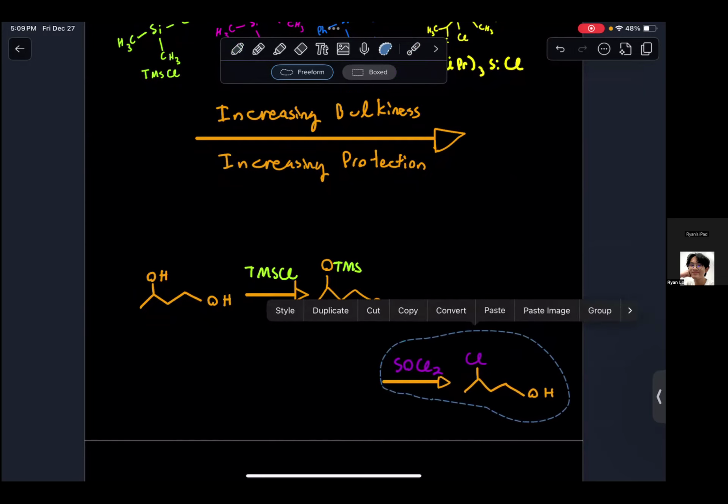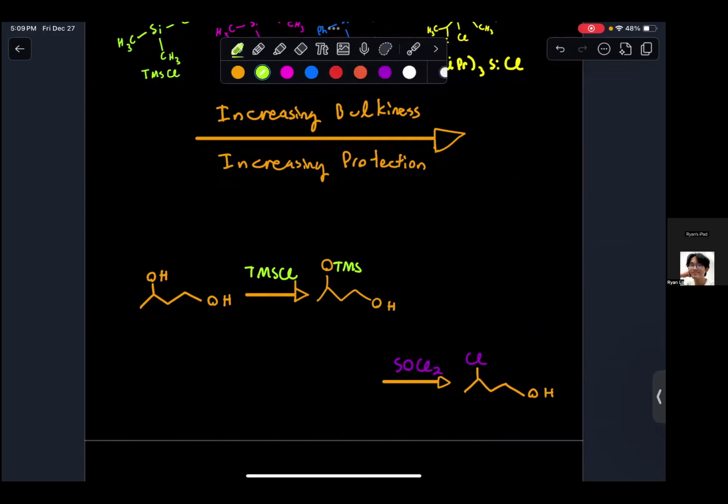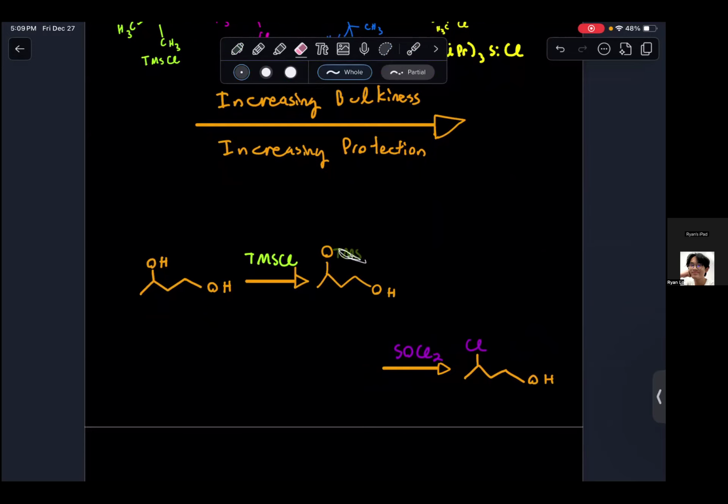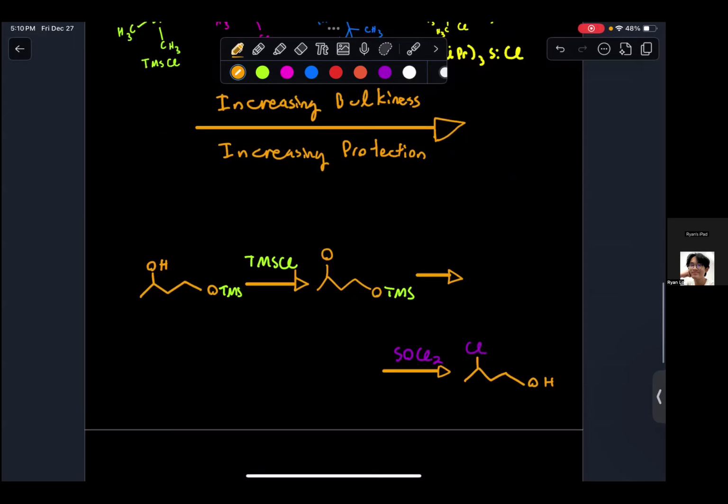Now I'm gonna quickly just move this way. We can't immediately go and react and make OSCl, right? Because then now, what we can do is that you can. Oh, I apologize. Sorry, I applied this onto the wrong group. My bad. This is the group I want to take out, so it doesn't react. OTMS. Then from here, now we'll apply SOCl2.